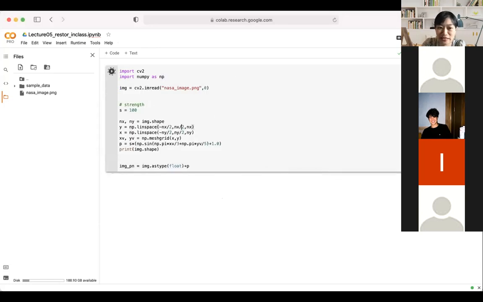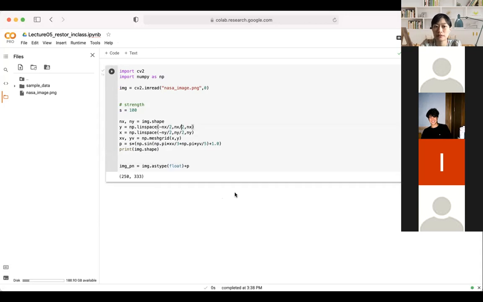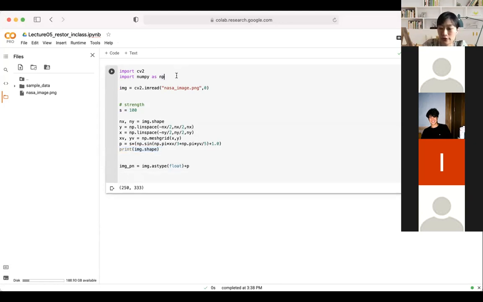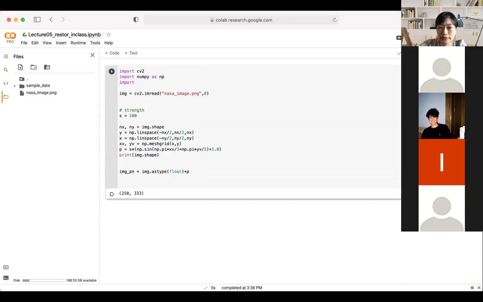Very quick coding. Okay, so you probably don't see anything because I haven't shown anything. So I will import some other library like Matplotlib so I can visualize the image.